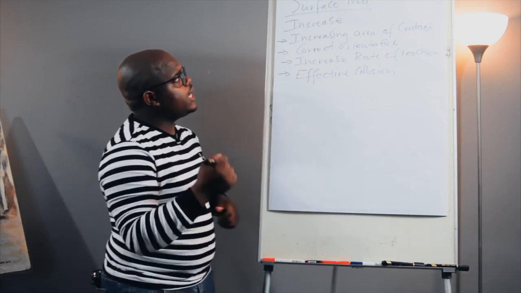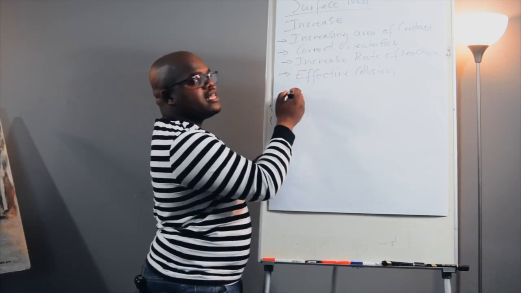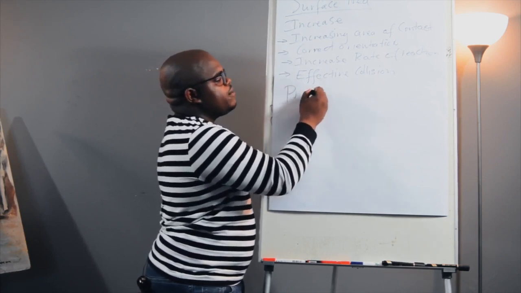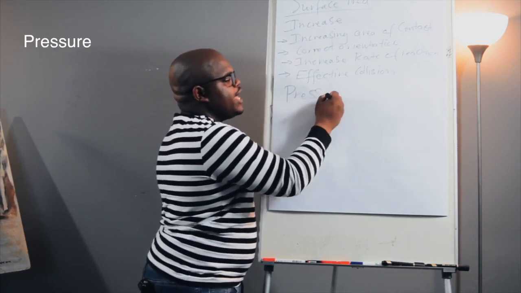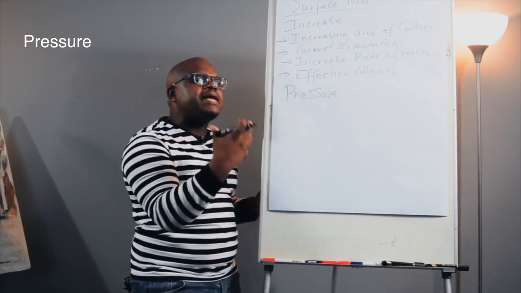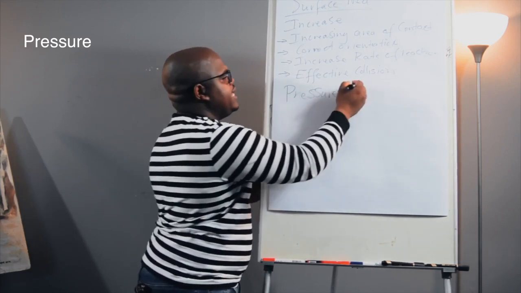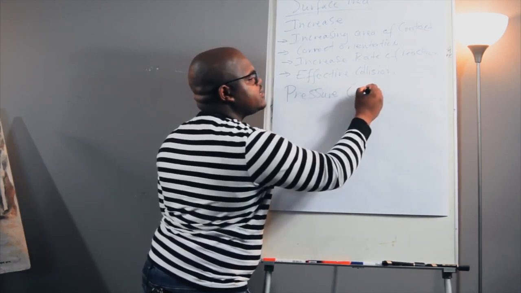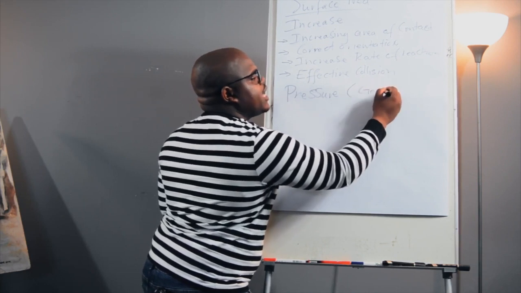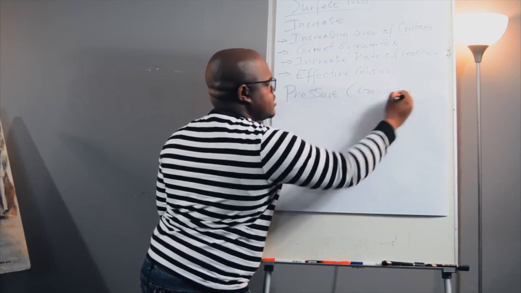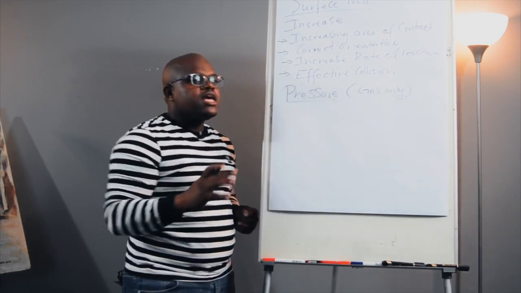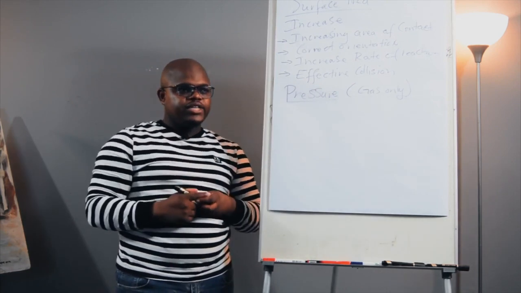Now let's continue, okay? Now let's check the other one, which is what? Pressure. The pressure only applies in gases. Please, only applies in what? In gases, okay? Gas only, guys. Let us check this one because they will not tell you that we are dealing with gases.